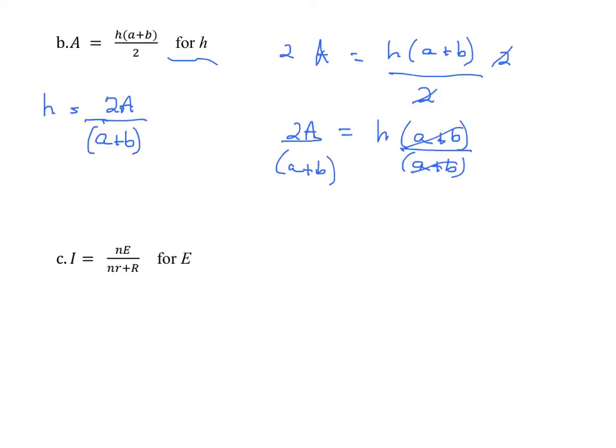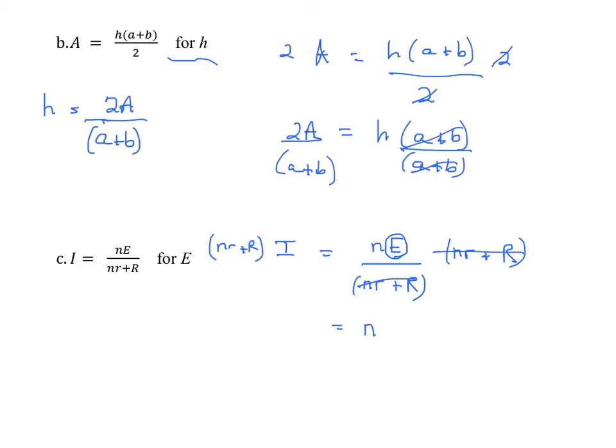Next one. This one looks intimidating because there's a lot of letters, but it's not bad. We're going to solve for E here. So again, I'm going to clear the fractions. I'm going to multiply everything through by this denominator, n little r plus capital R. These will divide out because they're package deals.